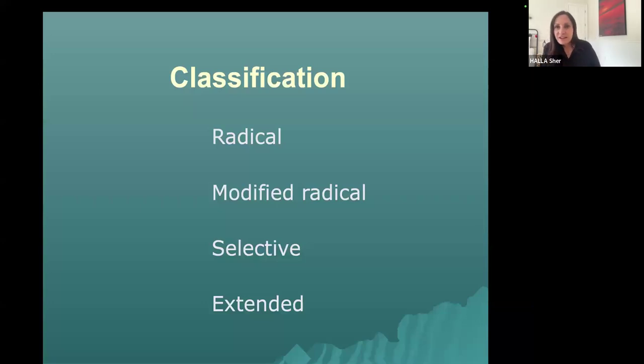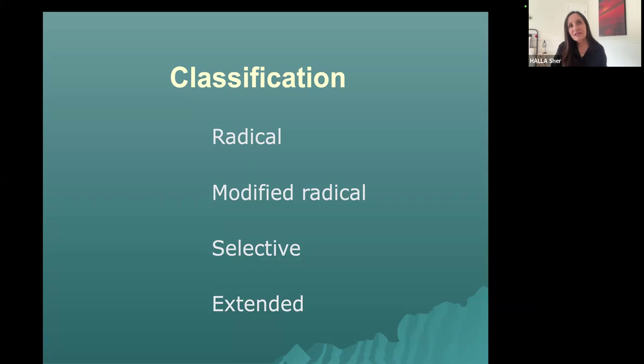Neck dissections are further classified based on what is being removed and what is being preserved. These include the radical neck dissection, the modified radical neck dissection, the selective neck dissection, and the extended neck dissection.